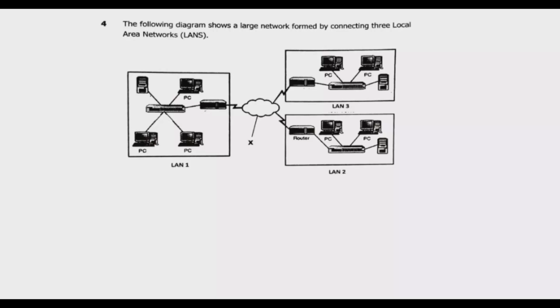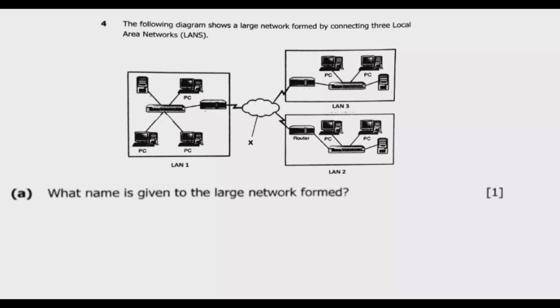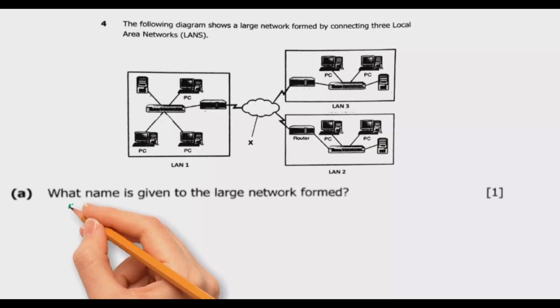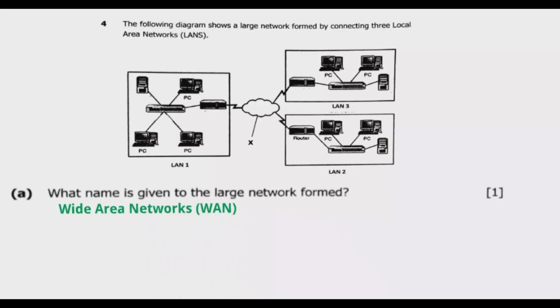Once you have studied that, then we can go to the actual questions. We go to question 4a, which is what name is given to the large network formed? The large network formed is called wide area network, which is also known as WAN.